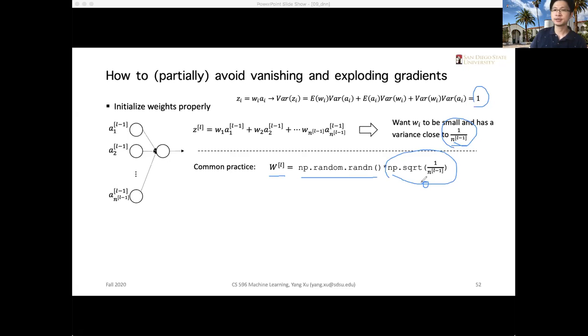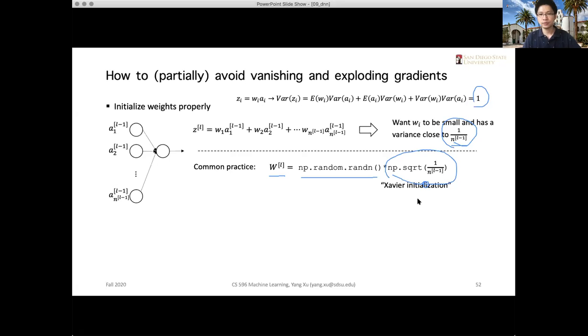But it turns out that if we use this way of initialization, we get basically the best results in reducing the chance of exploding or vanishing gradients. The thought is that we want to initialize the weights to smaller values that will help us average the activations from the previous layers.